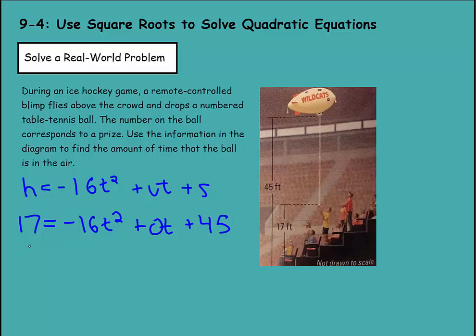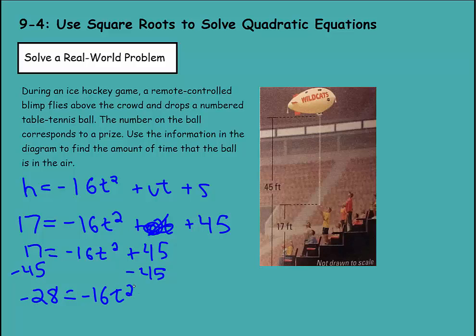If we rewrite this, we'd have 17 equals negative 16t squared. We can get rid of the velocity term because it's 0, plus 45. We can make this like the equations we've been doing so far by subtracting 45 from both sides. That gives us negative 28 equals negative 16t squared. Let's get t squared by itself by dividing by negative 16.